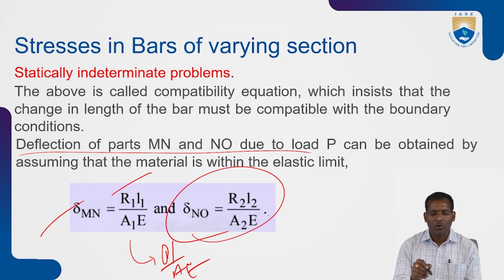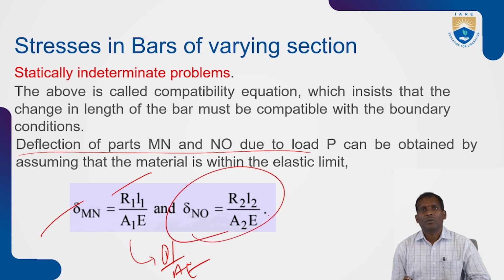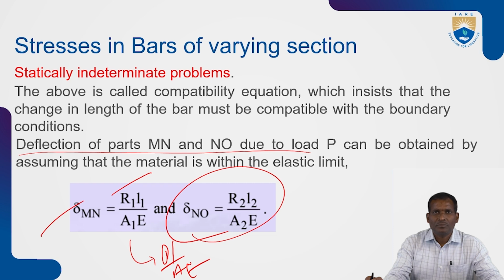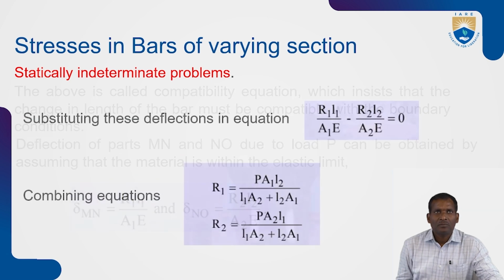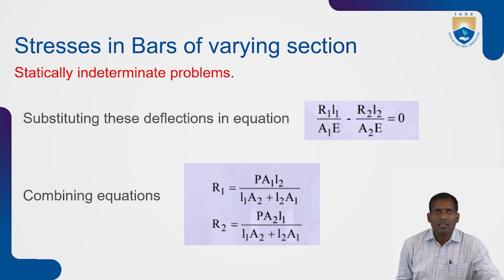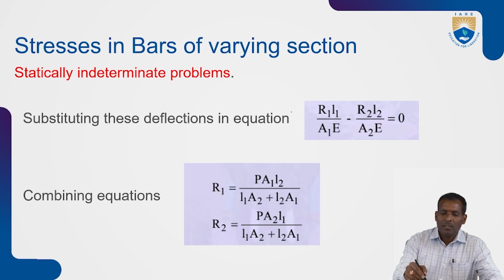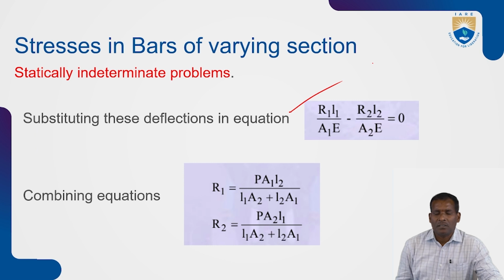Similarly at NO, it is R2L2 by A2E. Substituting these deflection equations, R1L1 by A1E minus R2L2 by A2E is equal to 0.